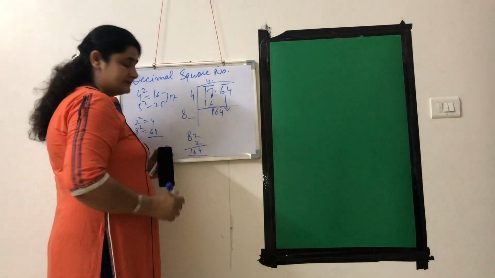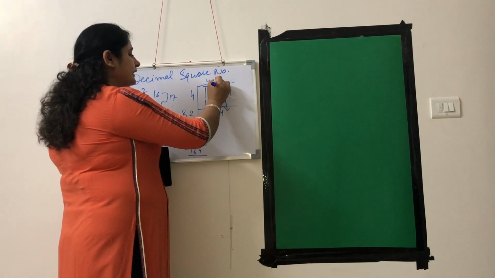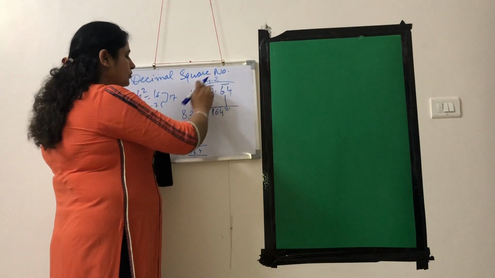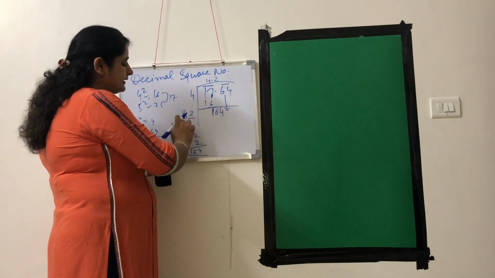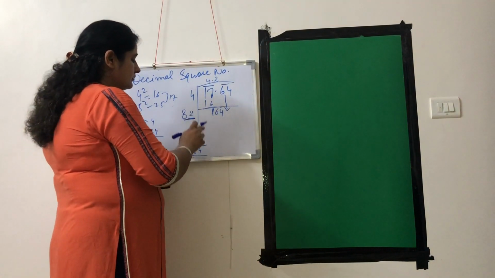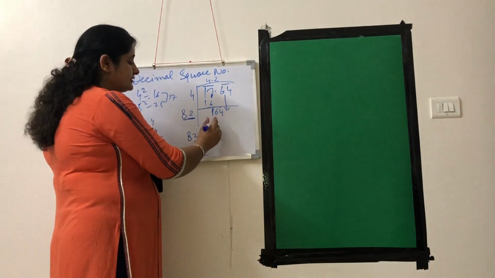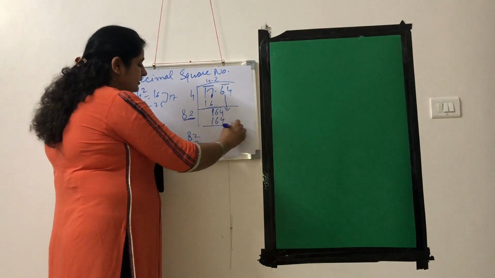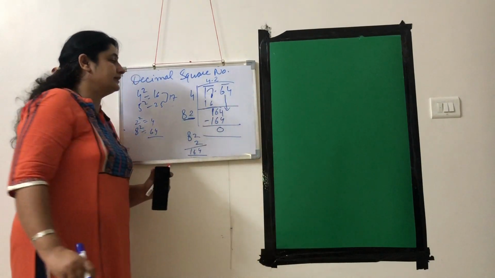So by chance it is 2. So we'll write the quotient the same. 2 multiplied with this 82. When this quotient is multiplied by this divisor, the product should be less than or equal to this dividend 164. It's by chance equal to 164, and when we subtract, we will get 0 as remainder.